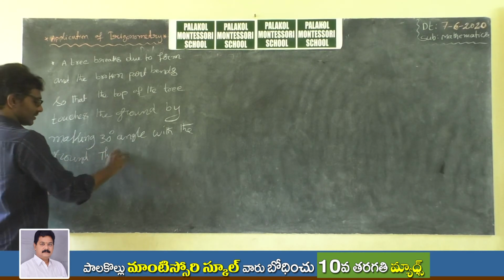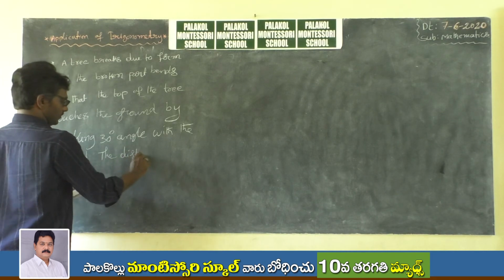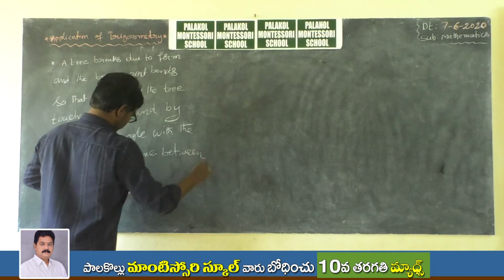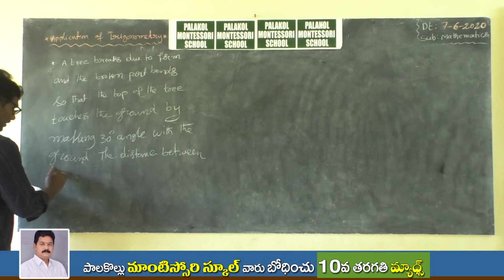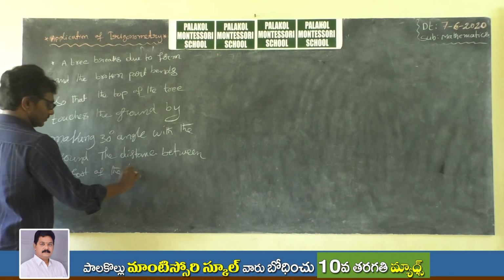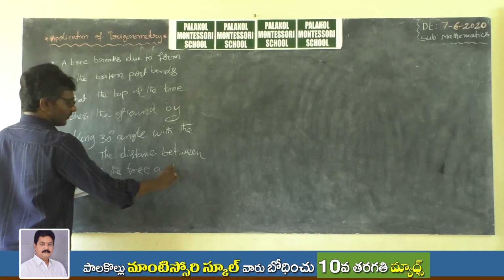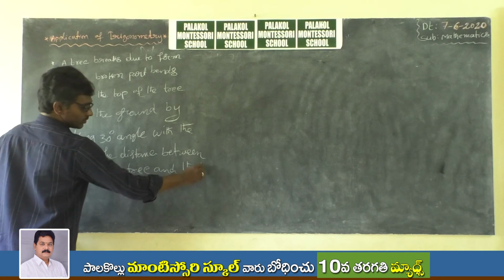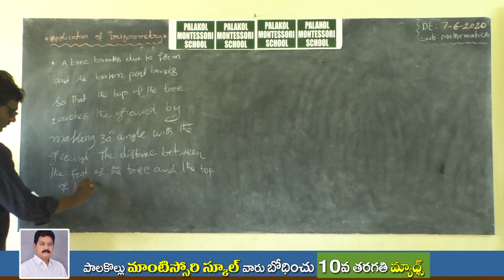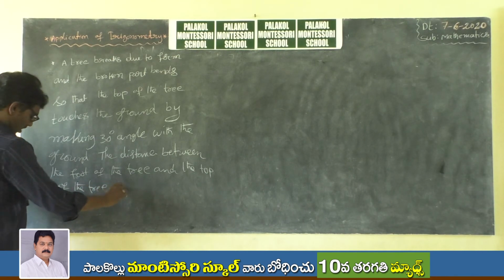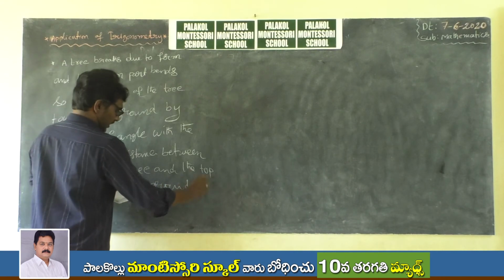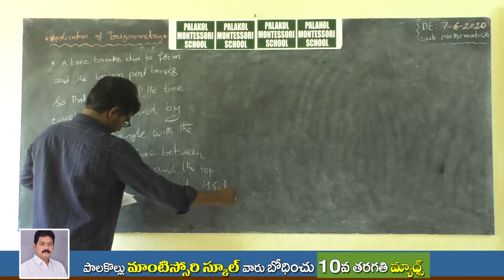The distance between the foot of the tree and the top of the tree on the ground is 6 meters.